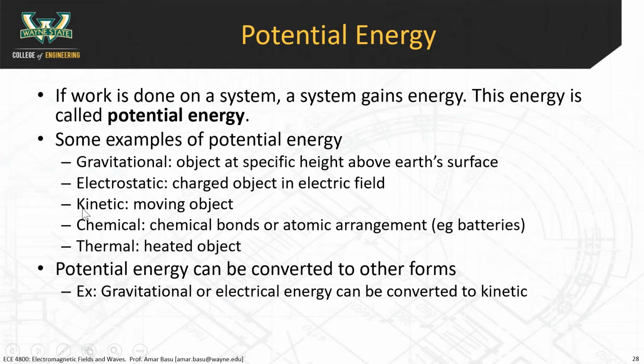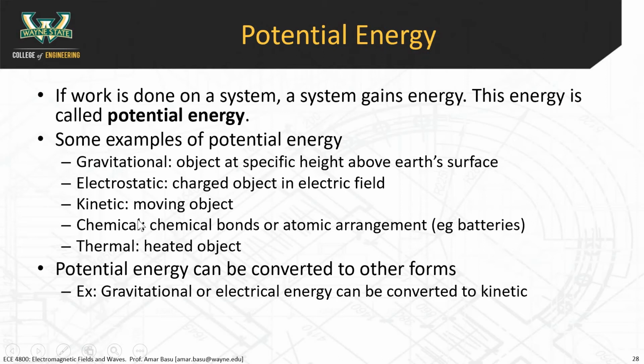A kinetic object can have kinetic energy, so any type of moving object has an energy equal to 1/2 mv squared. A chemical system can have a potential energy, so think about batteries. In a battery, there is potential energy stored in the chemical bonds or in an atomic arrangement. In a thermal system, a heated object has some potential energy that can be distributed to other places.